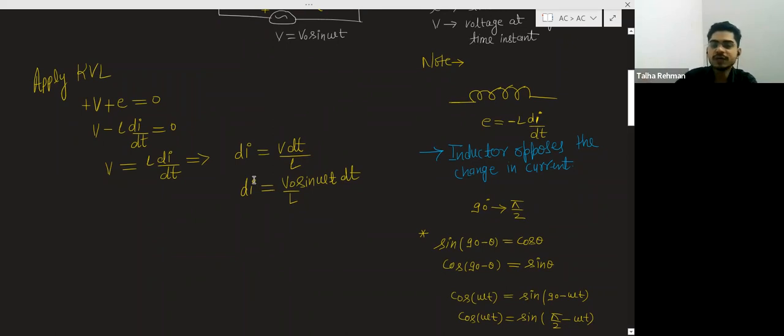To get the total current in the circuit, you will integrate this equation. When you integrate, you will get the total current, and this will be V naught by L, and the integration of sin omega t will be cos omega t divided by omega.